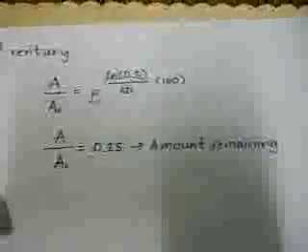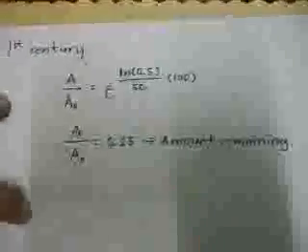Okay. So during the 1st century, again, we have our equation, and I substituted 100 here since this is a century, 100 years. And then computing that using the calculator, we have A over A naught is equal to 0.25. Again, this is the fraction of the amount remaining, not the fraction of the amount that has already disintegrated.